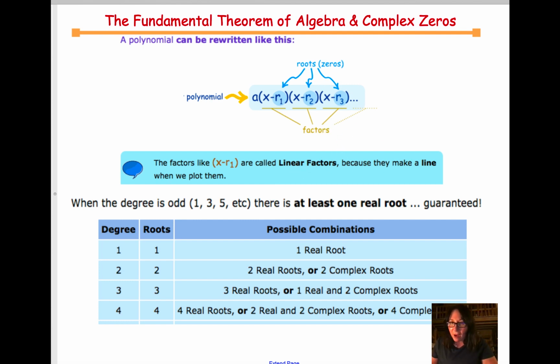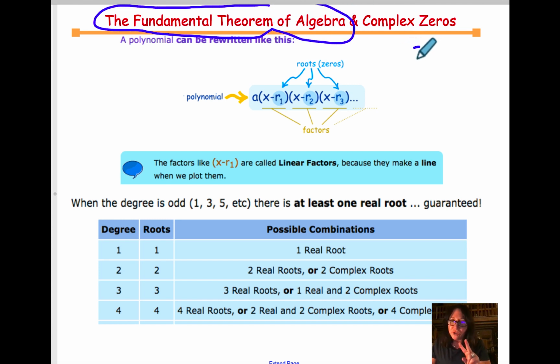Now, I want to talk to you about this because not only does the fundamental theorem of algebra say that I have to have 2 imaginary zeros, but you have to be able to talk about possible combinations. If I give you an x to the 5th power, what does that mean? That means that I could have 5 real zeros.